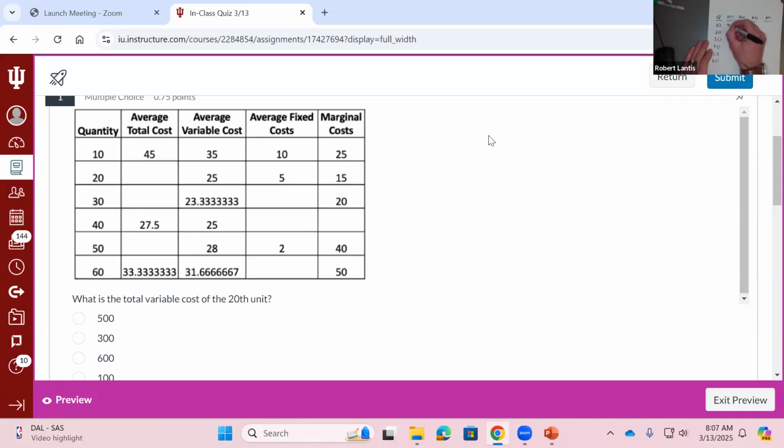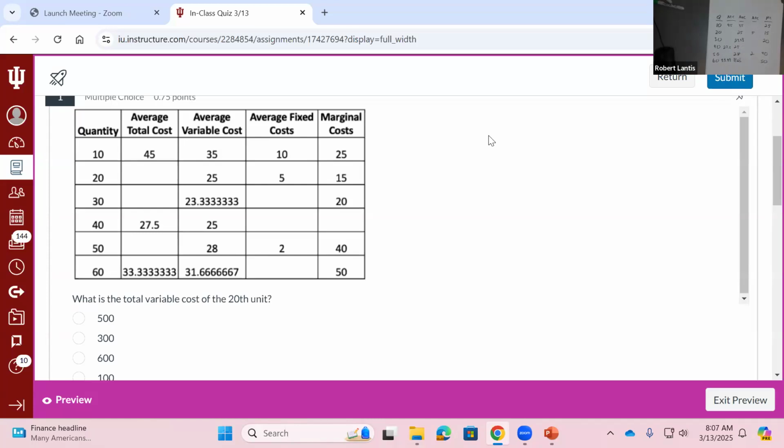So I think I've got 45 here, 35. I'll even leave this out, even though I was given this, just to think about building this out here. So 15, 5, 23.33 repeated, 20, 27.5, 25, 28.2, 40, 50, 33.33 repeated, 31.66 repeated, okay?